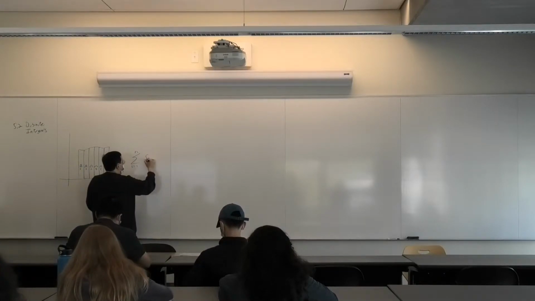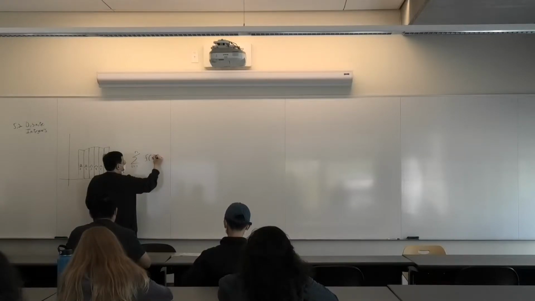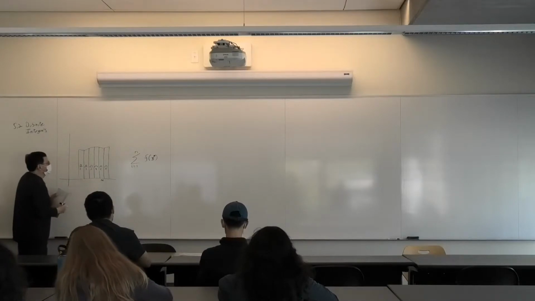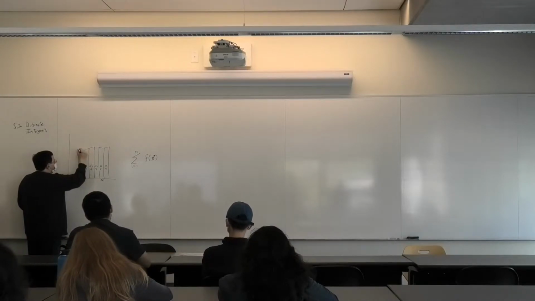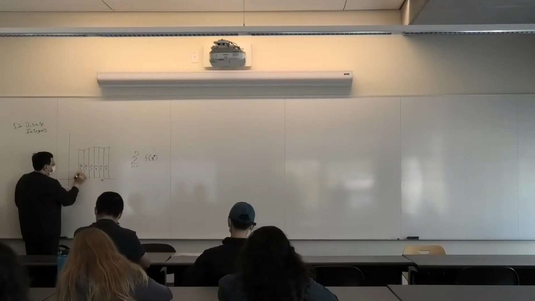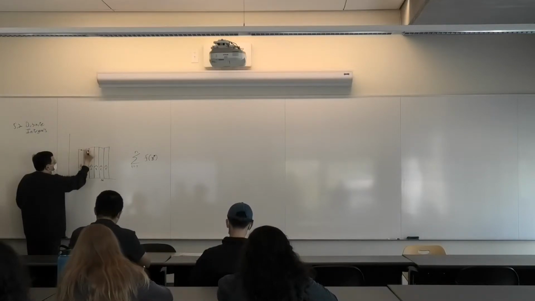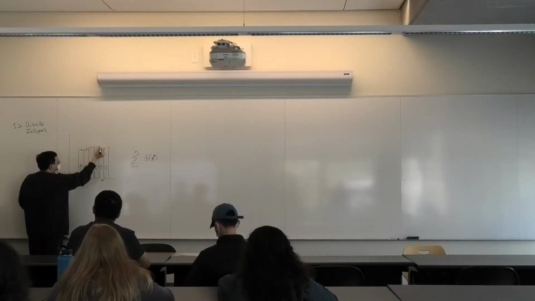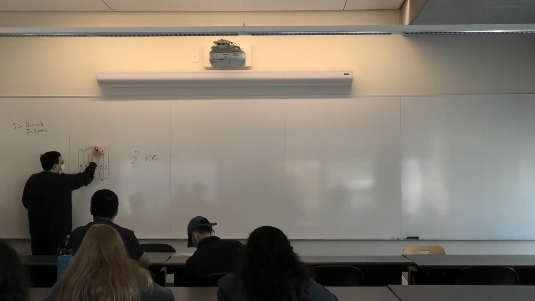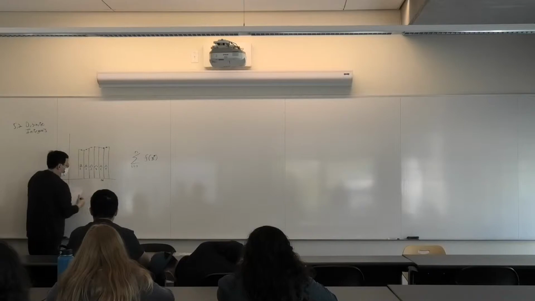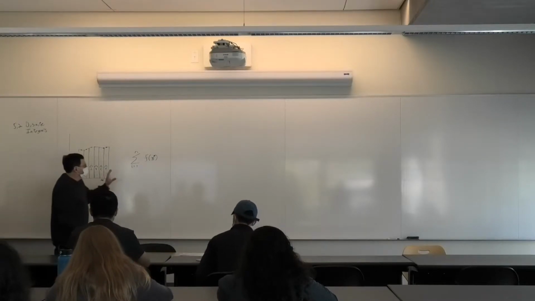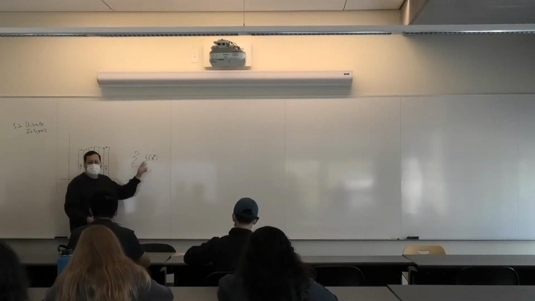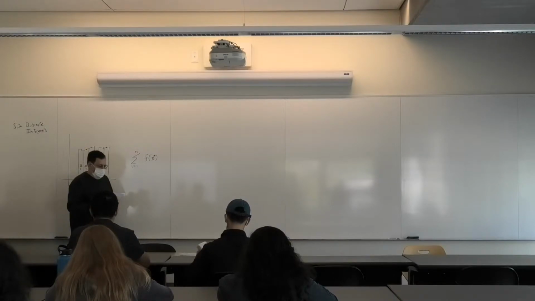This is where the book differs from what I did. They use this symbol x star. X star just means within this area here, they pick some number. They're not specifying. It could be the average number, the starting number, or the ending number, but they don't need to be more specific than that.